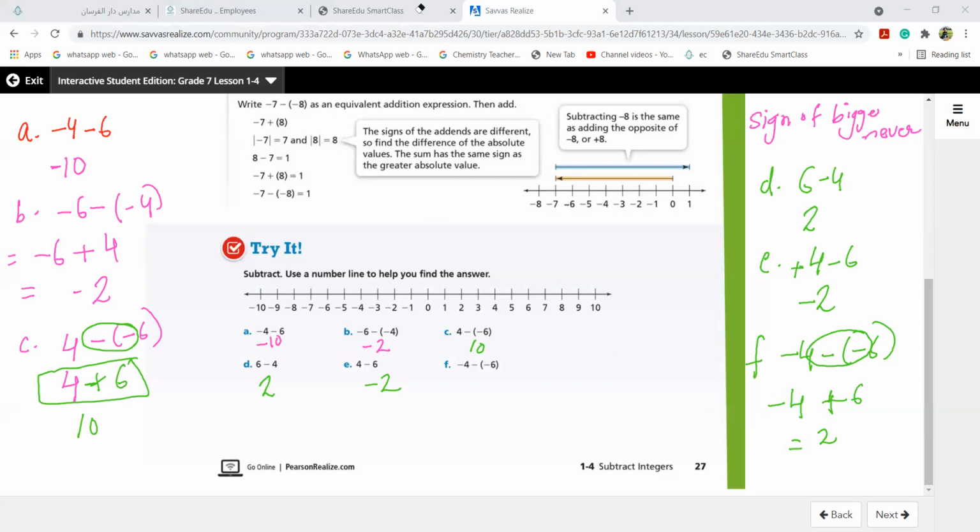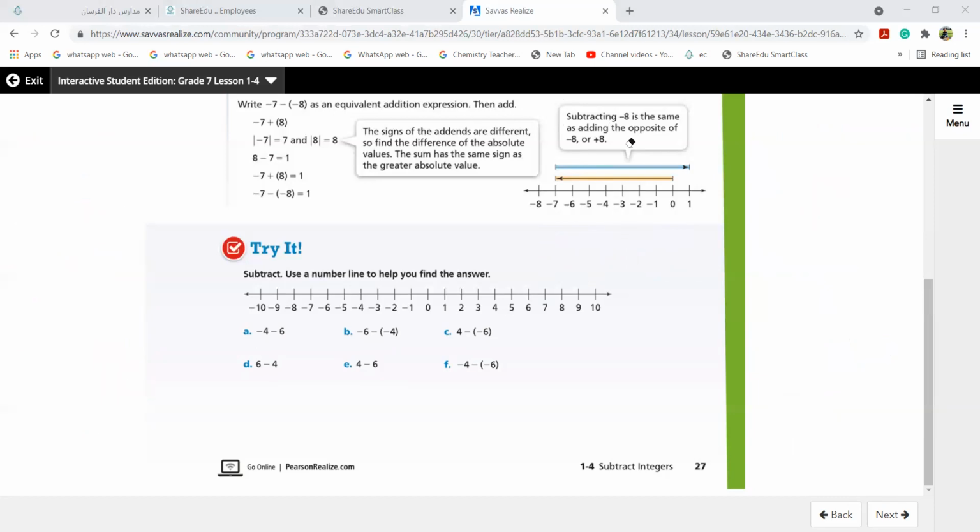Like, for example, from when you were small, you learned 2 plus 1 equals 3. How do I know that 2 is also positive? Yes, it's understood that this is positive and this is positive.